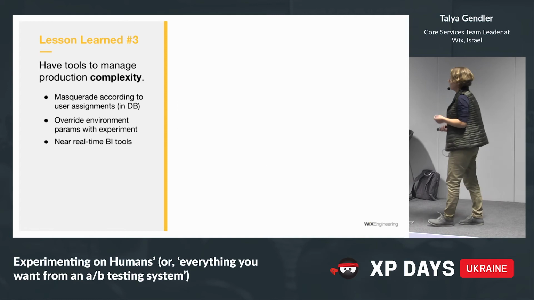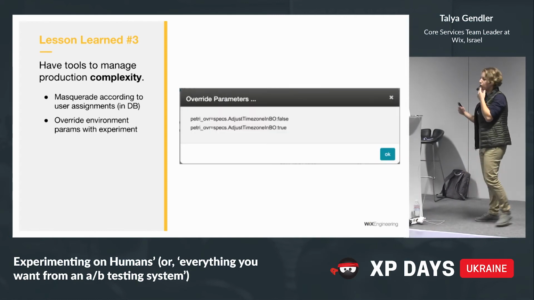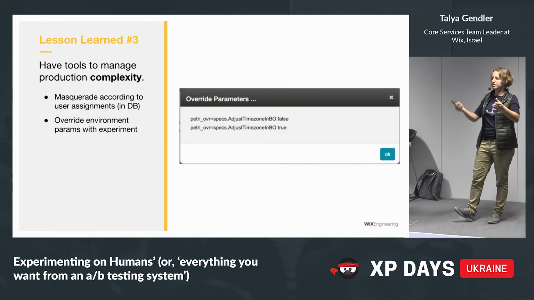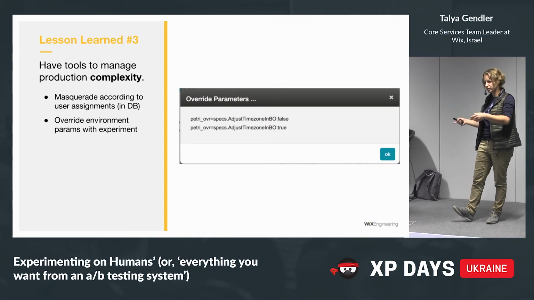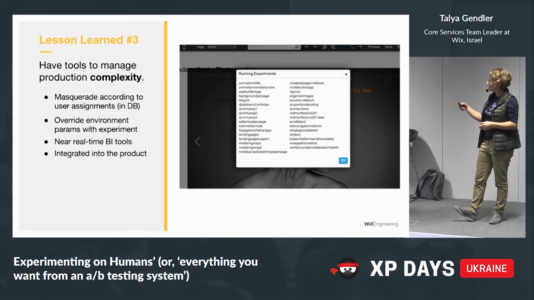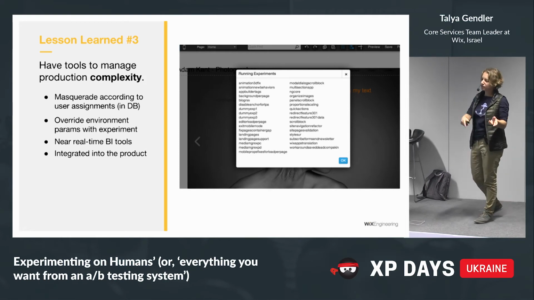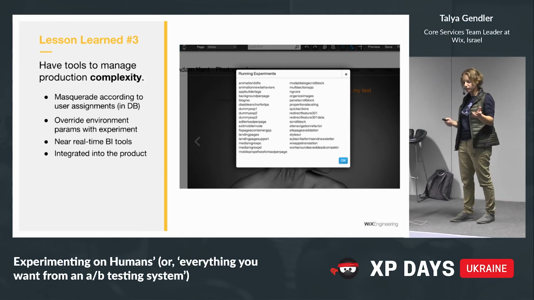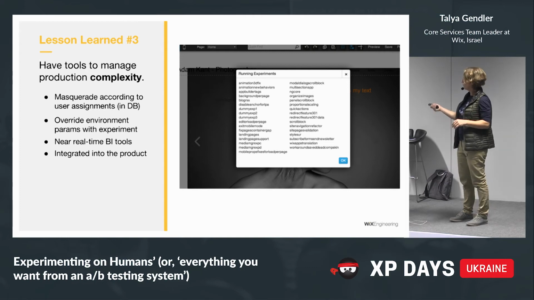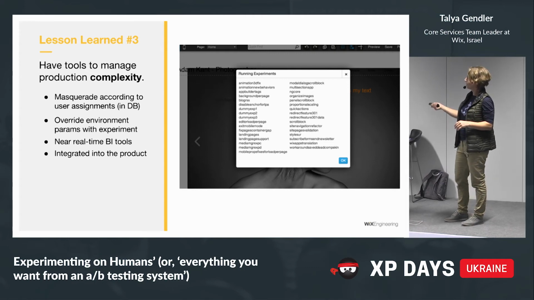That doesn't make sense. So we have an option for overriding something if you want to issue a request and say, I want this experiment or I don't want this experiment. And we have things baked into the actual product which support agents can tell users to run if we really need to. And the most important thing is that we have the near real-time BI tools, okay?